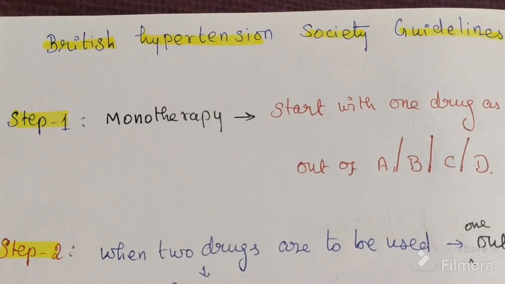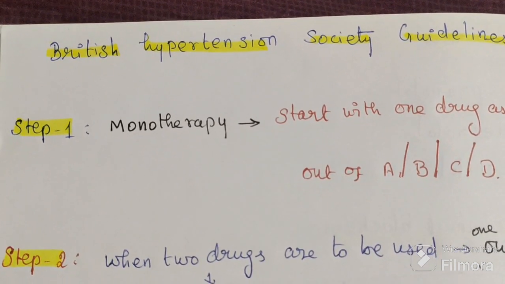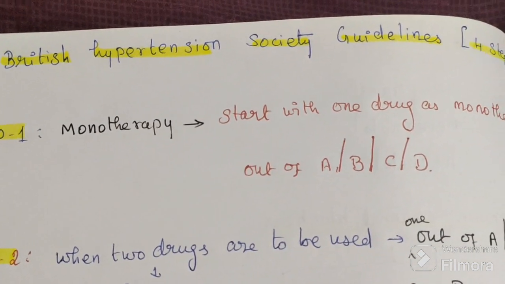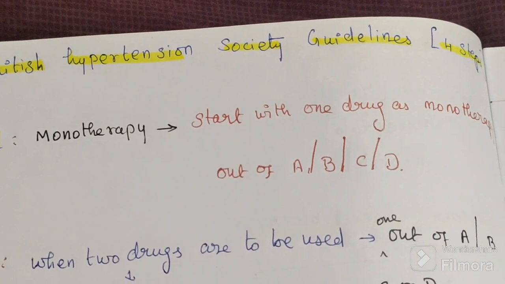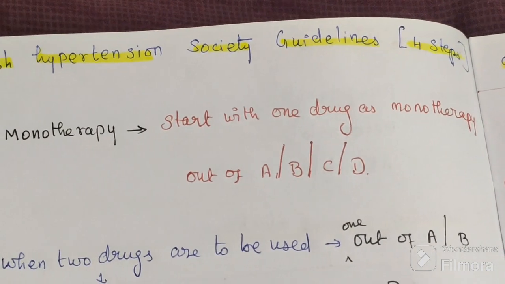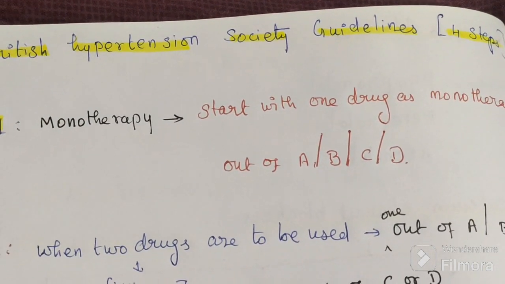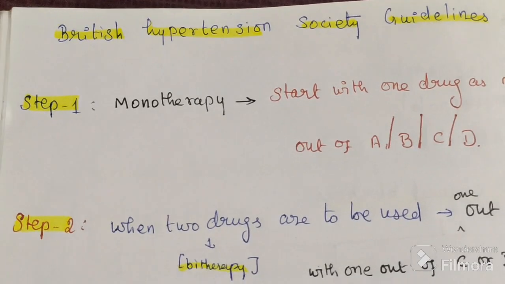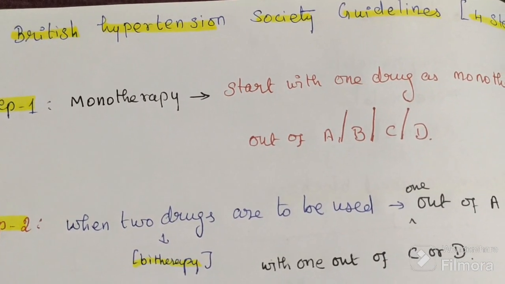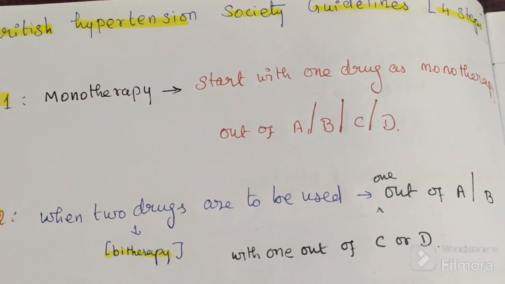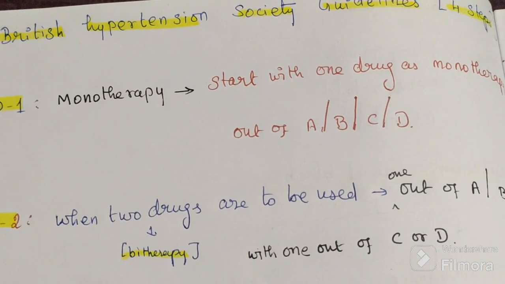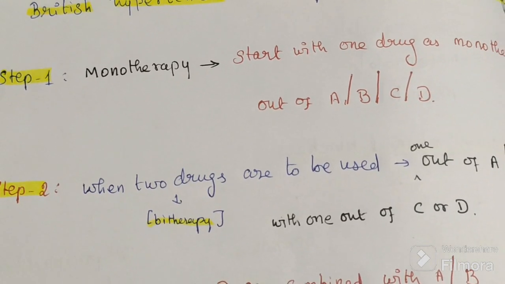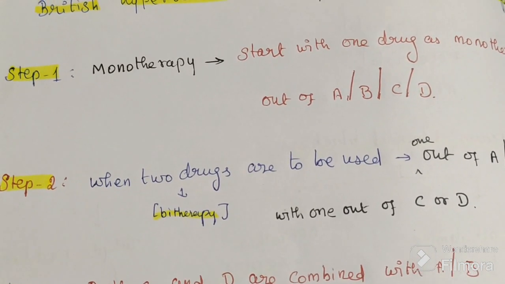According to the British Hypertension Society guidelines, there is a 4 step rule. Step 1: start with monotherapy, either A or B or C or D. Who will decide whether you start with A or B or C or D?